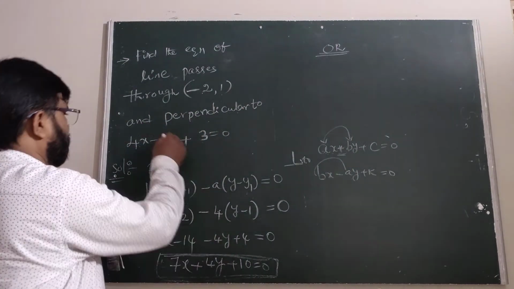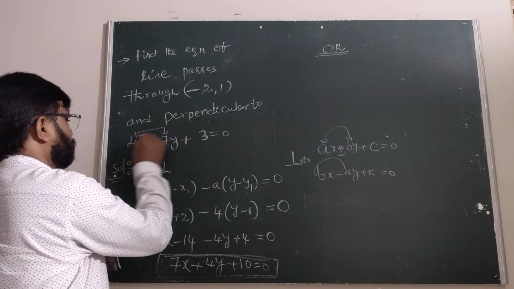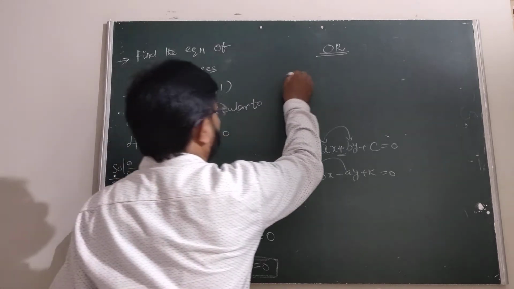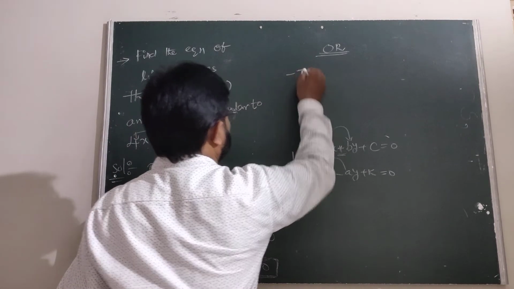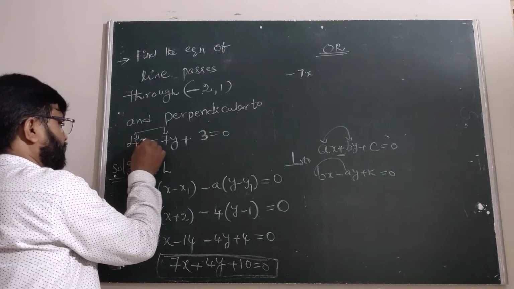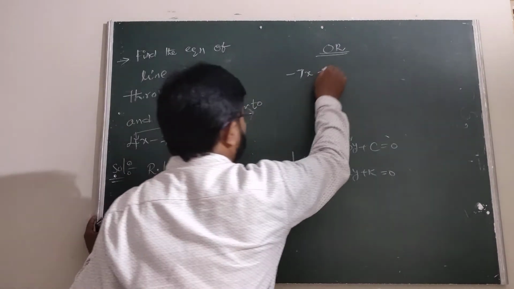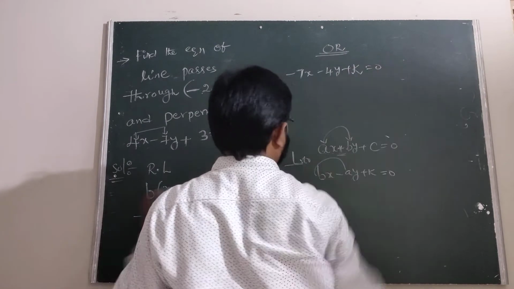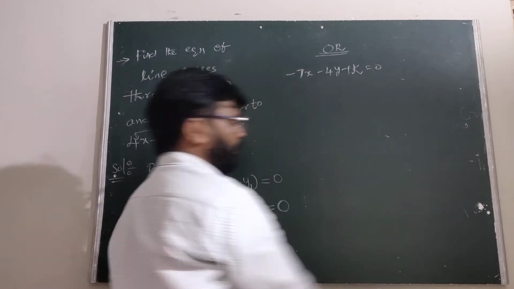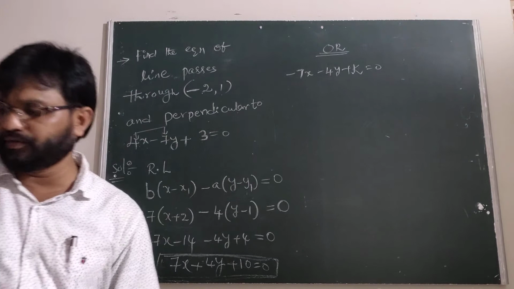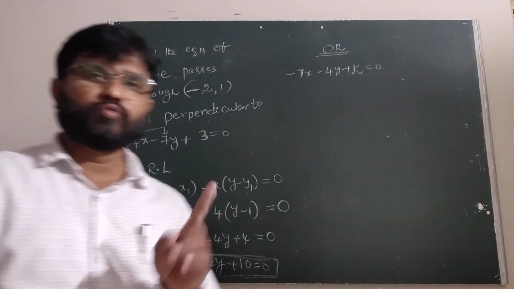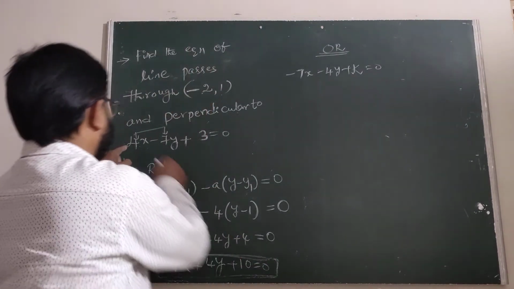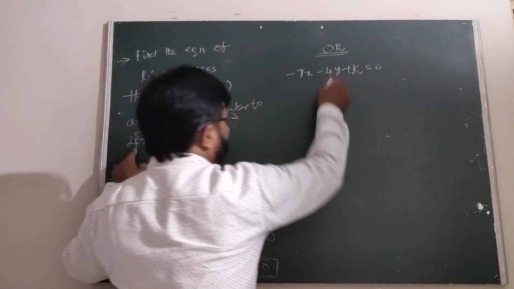Here also we interchange these two. Now this is 4x - 7y, so we write -7x - 4y + k = 0. How to write this? We interchange a and b, then take the opposite sign of the 4: plus 4 is there, so minus 4.